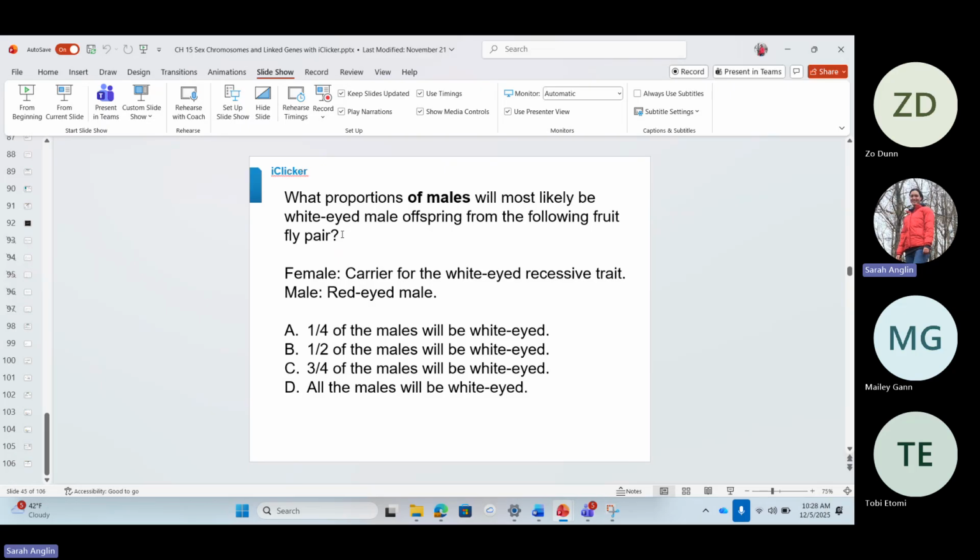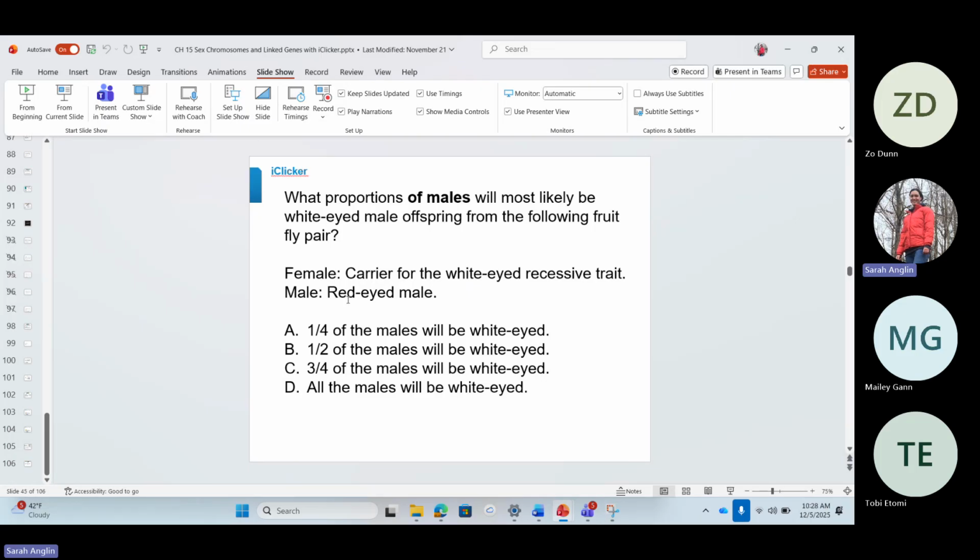The mutant allele produces white eyes, whereas the normal wild type dominant allele produces red eyes. So this is an X-linked recessive trait that we're following. The female is a carrier for the white-eyed recessive trait, and the male has red eyes.